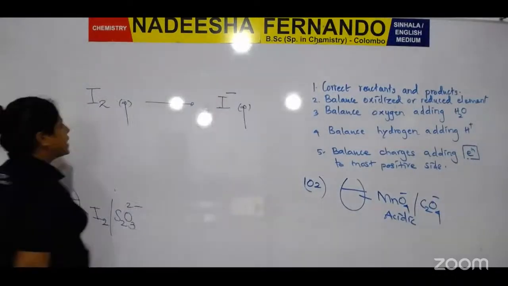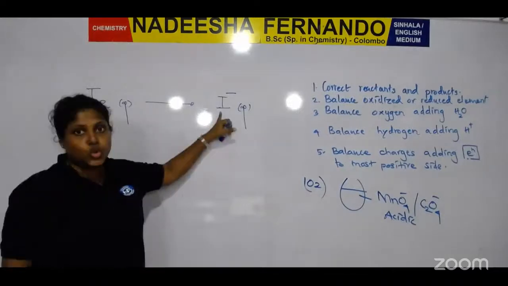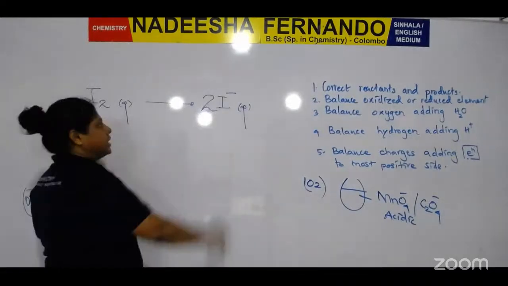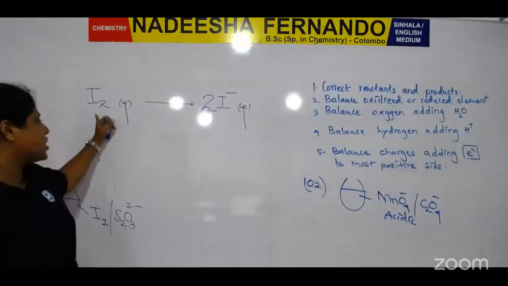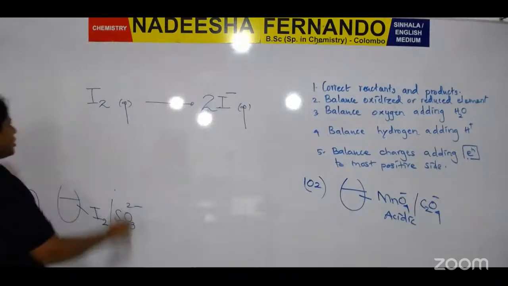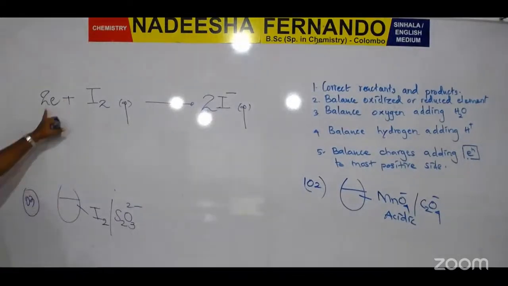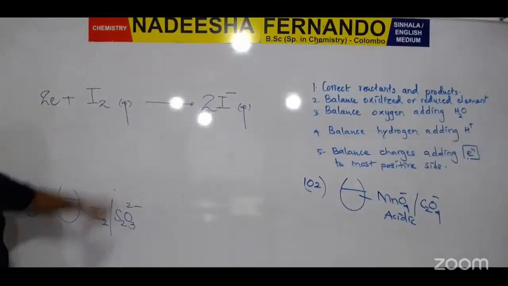To get the same iodine, you need to multiply this by 2. Then balance charges. Here 0 charge, here minus 2 charge. To get the same number of charges, add 2 electrons. Gain of electrons, reduction half reaction.